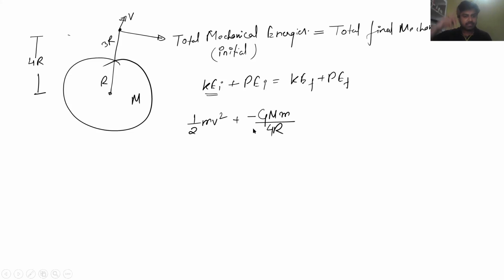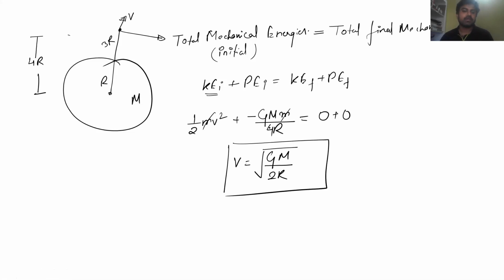Final kinetic energy is zero, because the final velocity when it escapes from the earth is zero, and the potential energy is also zero since it is not in the gravitational field of earth. Just equate them, and you'll get v equal to the square root of GM by 2r.